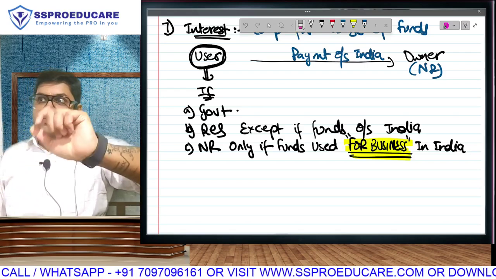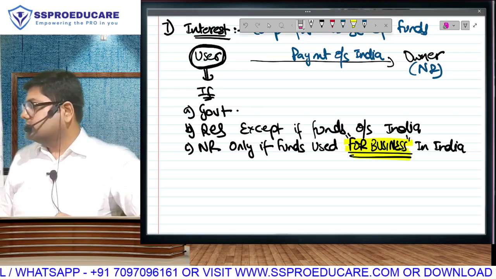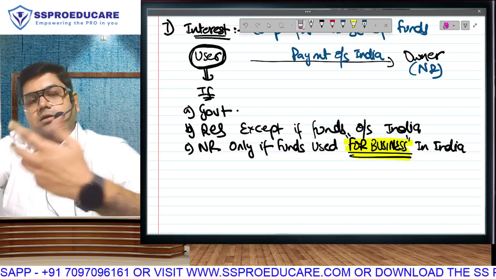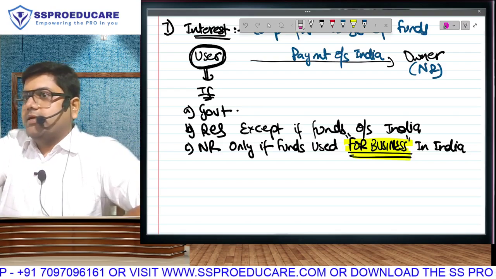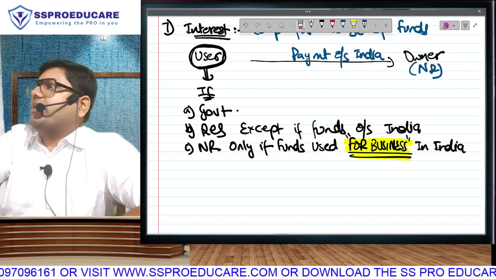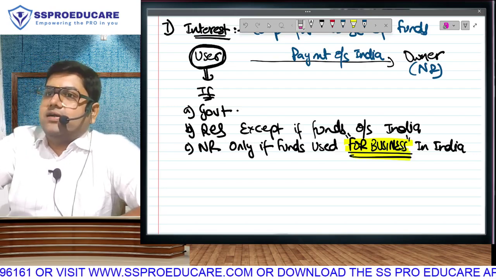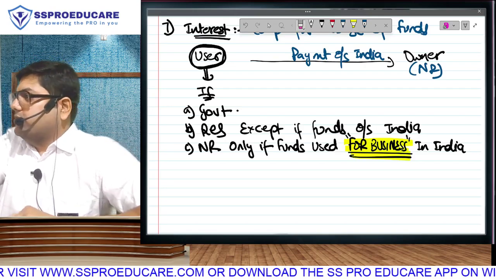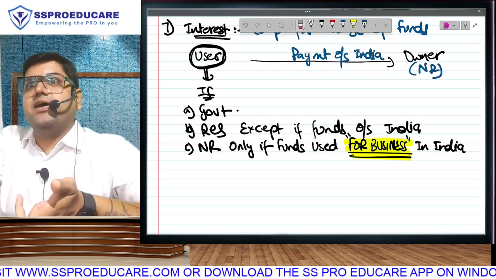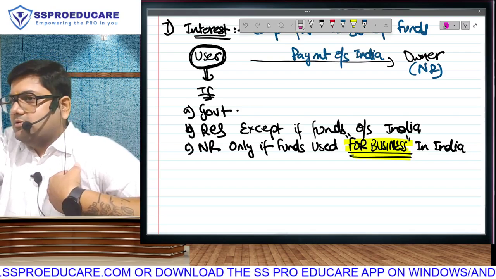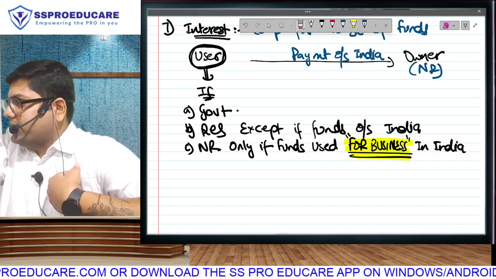Funds used for other purposes will not be taxable. Anything which is favorable towards the taxpayer is never going to be considered as illogical. As a receiving non-resident assessee, you will never go and tell the government, no, sir, it is illogical, you should take tax. But we have a problem in paying tax even when we are liable. We are Marwadis. We have a big problem in paying tax.